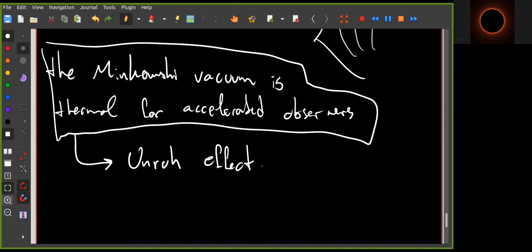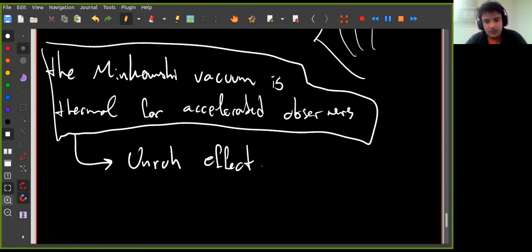Previously in the lecture, you concluded that the Minkowski vacuum is not unique, if I understood right. Yes, it is not necessarily unique. There are a few details. My question is whether the reason that the Minkowski vacuum is not unique is because the notion of accelerated observers is also not unique, because you can choose different accelerated observers.